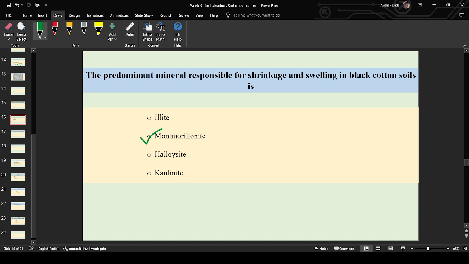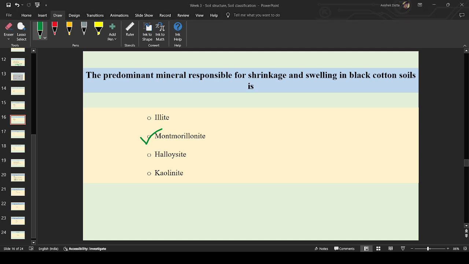Yes, there is no interlayer swelling, and in illite there is very little, negligible interlayer swelling. So this interlayer swelling is what causes the shrinkage and swelling in black cotton soils, and it is found mainly in the clay mineral Montmorillonite. So the correct answer is Montmorillonite.